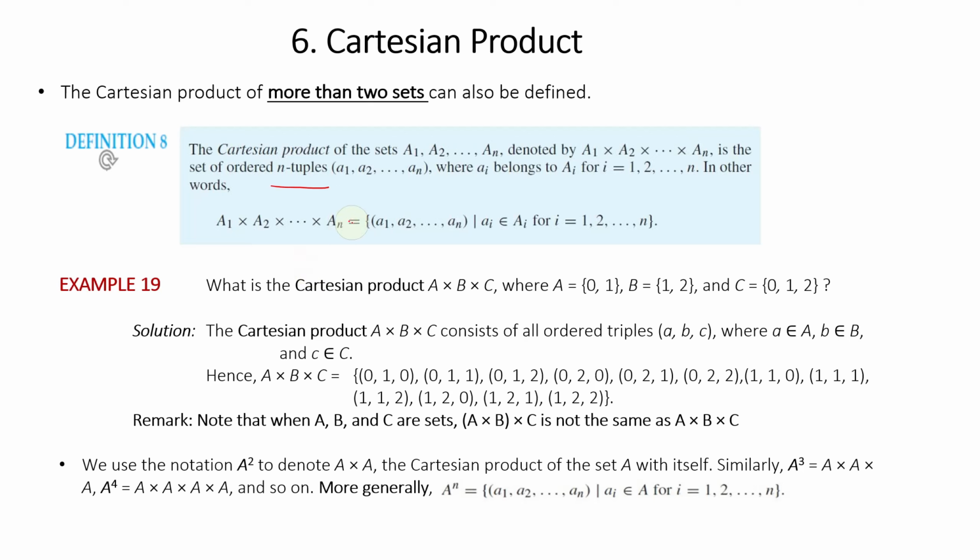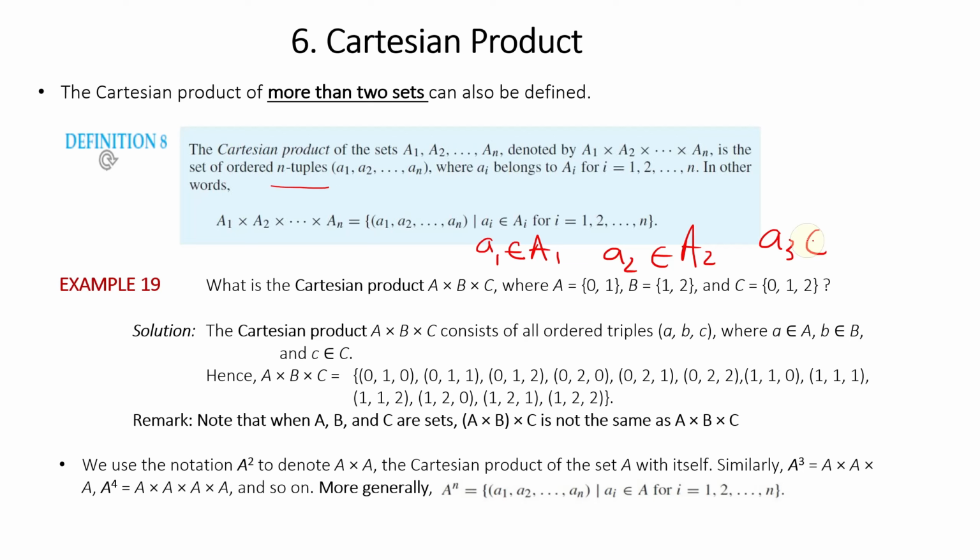So there's going to be some ordered n-tuples, where the first one belongs to the first set. So Ai is an element of Ai for i equal to 1, 2, 3. That means A1 belongs to the set A1, and then A2 belongs to the set A2. This is what it means.